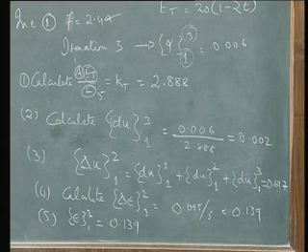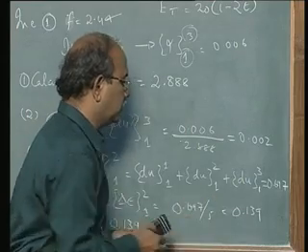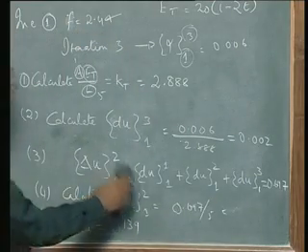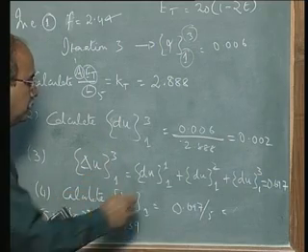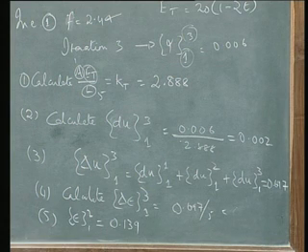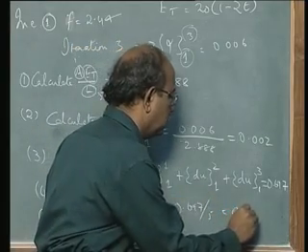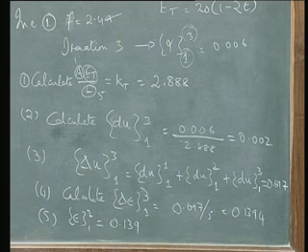So delta epsilon we calculate, 5 becomes now 7, and the corresponding value here. Of course, for the third, here again you have to go to 3, here again you have to go to 3. 1, 3, 9, 4, 1, 3, 9.